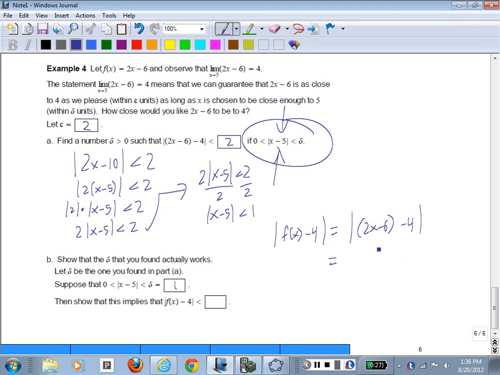So this is what we have, and this is the absolute value of 2x minus 10. I'm going to skip this step right here and just say this is 2 times the absolute value of x minus 5.